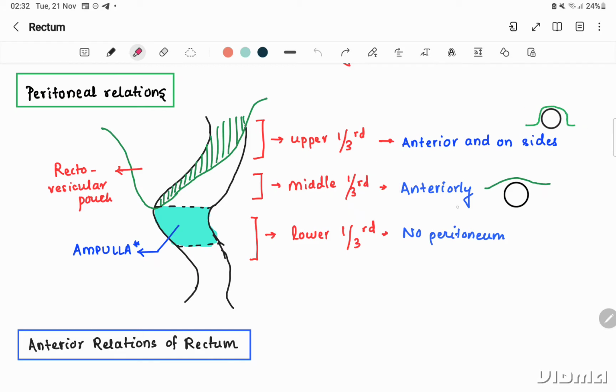The middle one third is covered only on the anterior side by the peritoneum, and in the lower one third no peritoneum is present. This peritoneum is lying in the rectovesicular pouch.